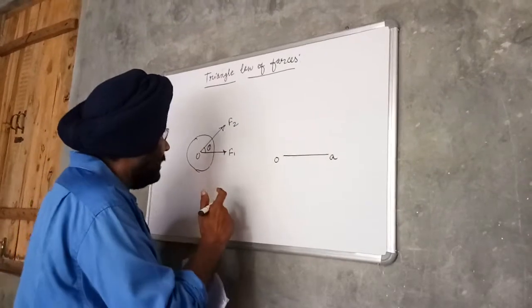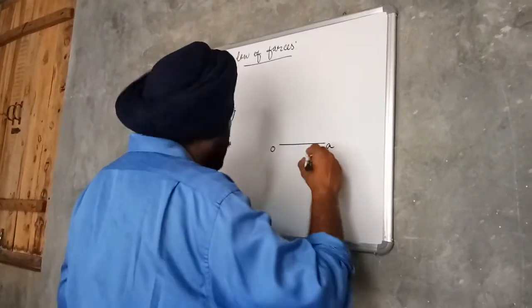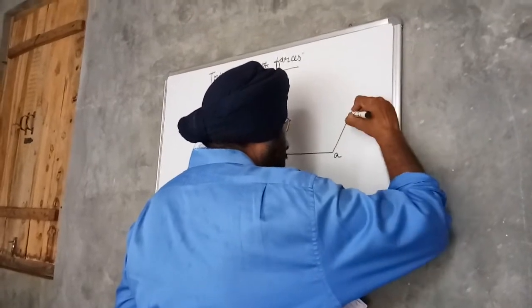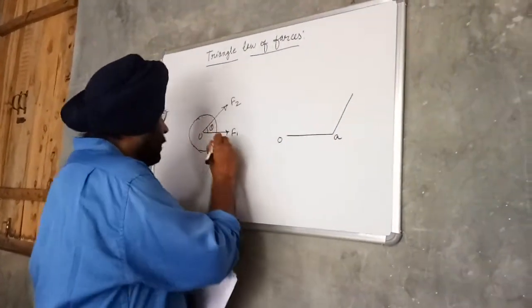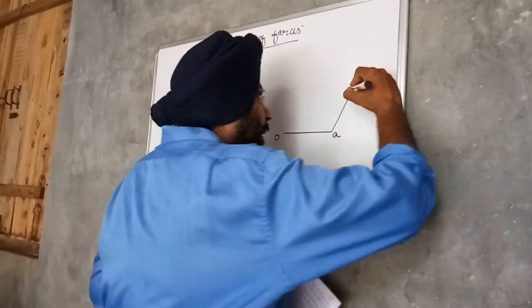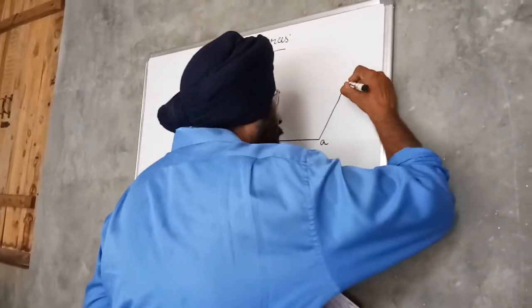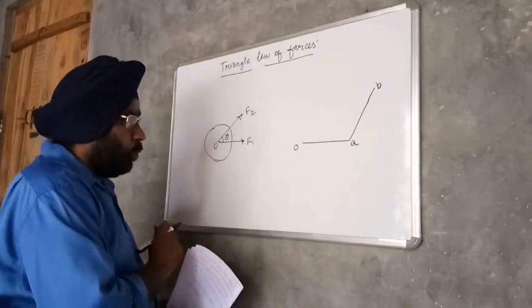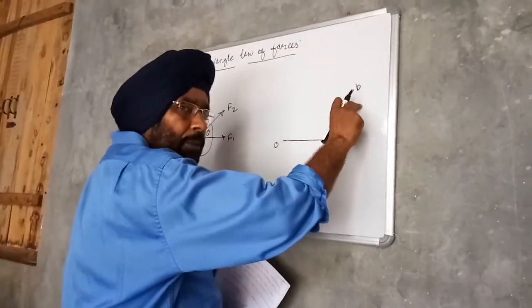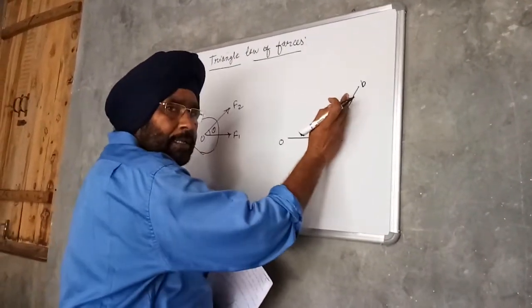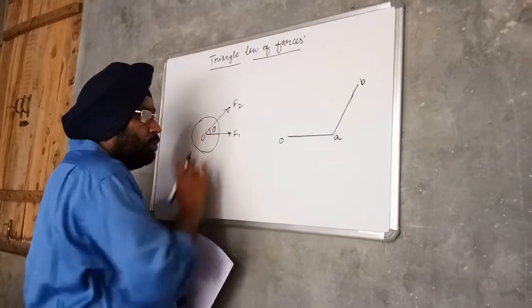The second force is F2. It is given by the vector AB. Vector AB represents the force F2. The length of the line AB represents the magnitude of the force F2, and the direction of the line AB gives the direction of the force F2.